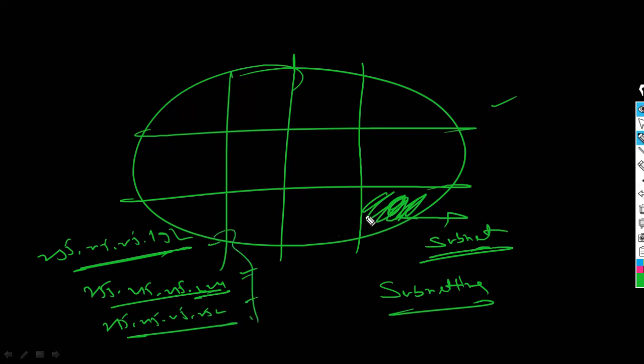So why do we use custom subnet masks? Whenever we do subnetting, when we divide the network into multiple subnets, definitely the subnet mask would get changed. You will not see the default subnet mask.